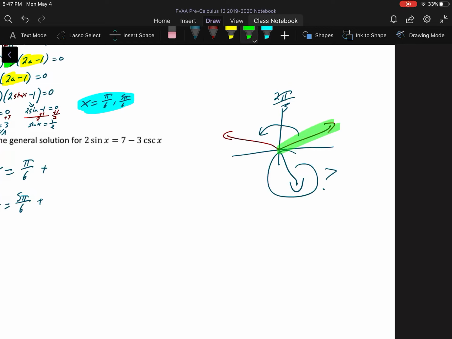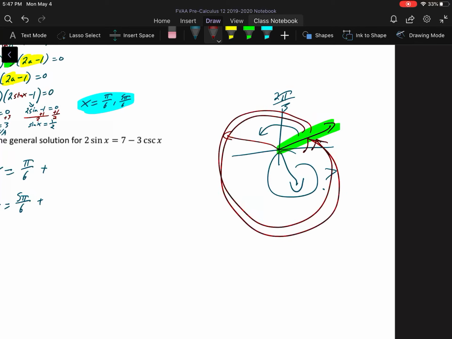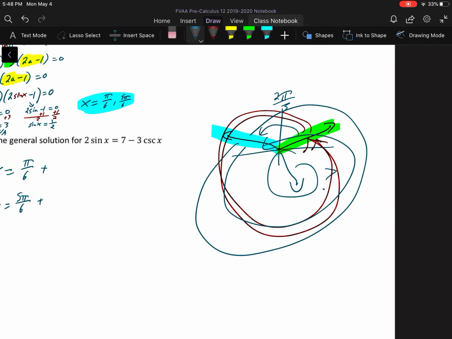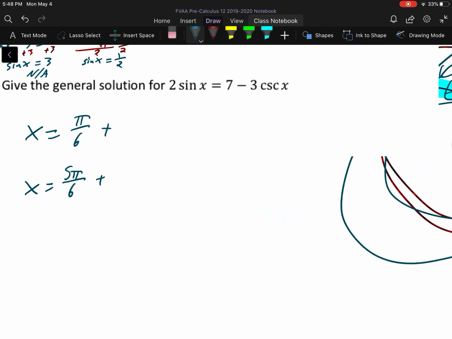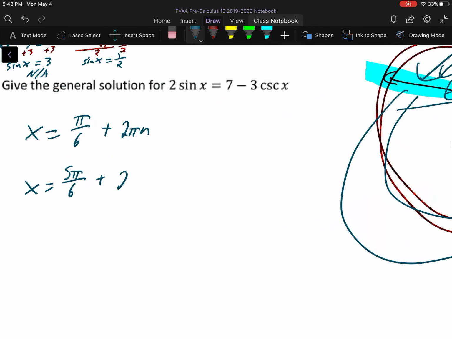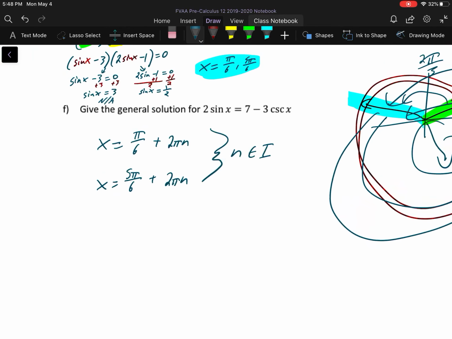So you need to find a solution for the green one, your first location, and then just add 2 pi to that repeatedly. And then you need to define a general solution for the blue highlighted arrow, and then just add 2 pi repeatedly to that for your general solution, which is what we're going to do here. 2 pi n, 2 pi n, and also understanding that n here are integers, all positive and negative numbers without decimals. Okay, so that would be your general solutions.